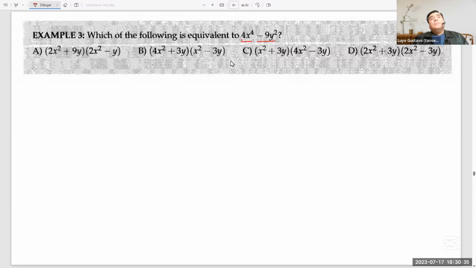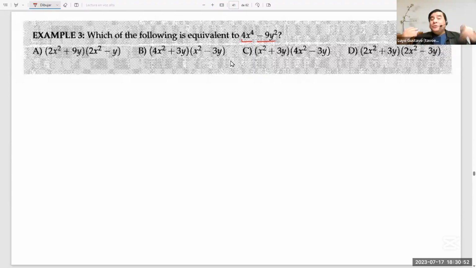So what can we see in the expression given above? Can you identify that each of these two terms is actually the square of something else?